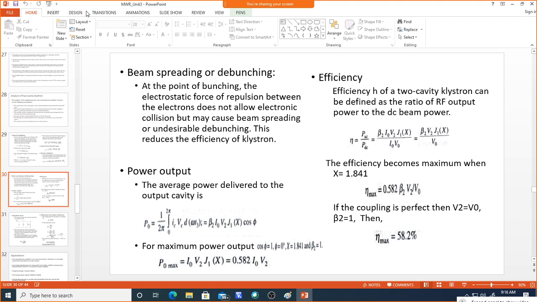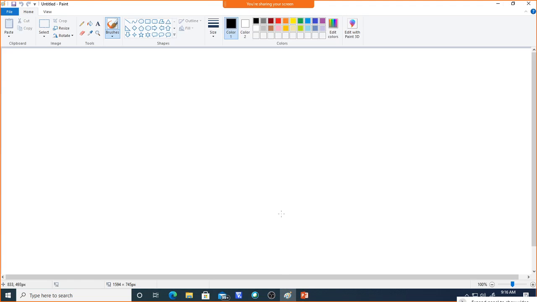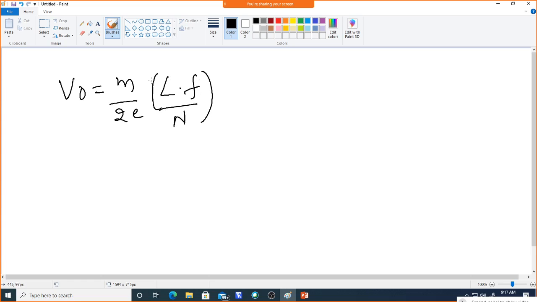I'll write that expression to calculate the beam voltage: V naught equals m by 2e into L f divided by n square. This is the equation for the beam voltage.